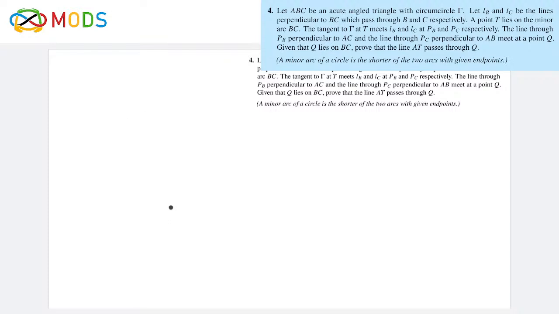Let ABC be an acute angle triangle. Let me just draw a tiny diagram first. Okay, so I know what the diagram looks like. It's like some medians.